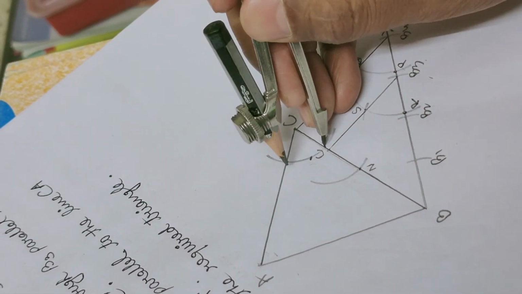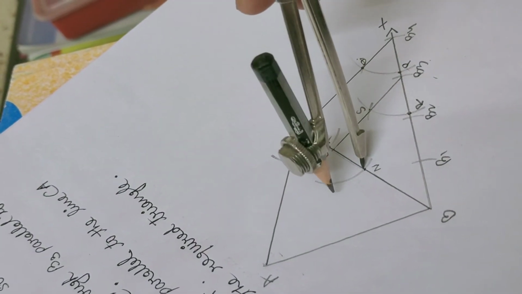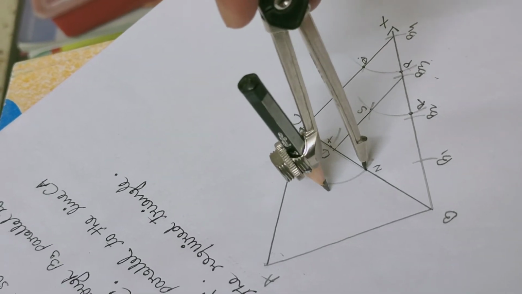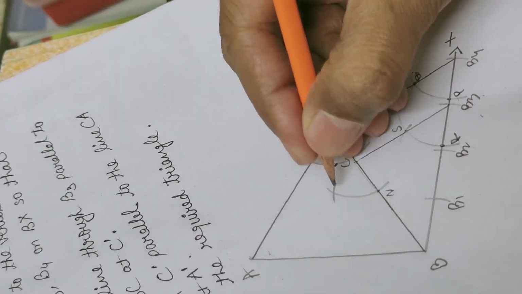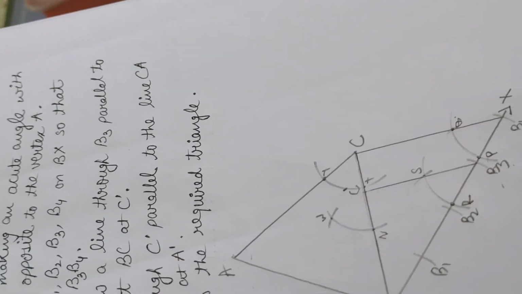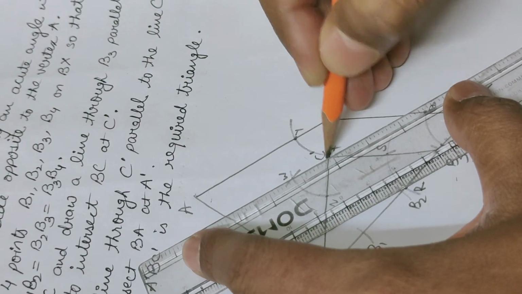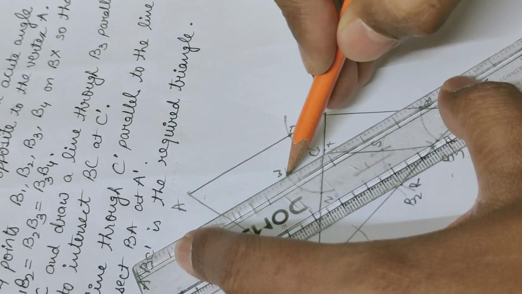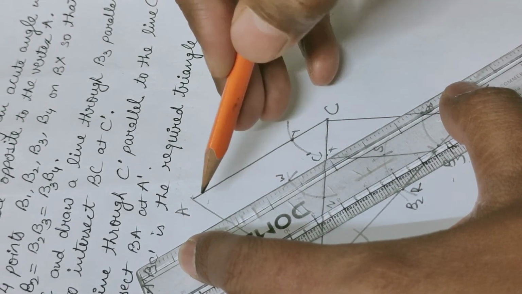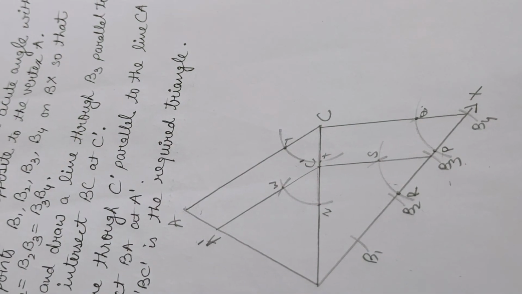Now we measure the length of XY. From point Z, we cut an arc intersecting the given arc and name the point as W. We will join C dash and W and extend the line intersecting AB at a point A dash.